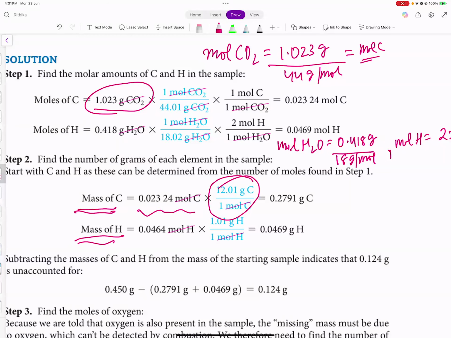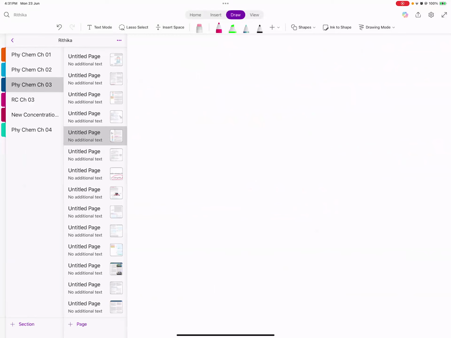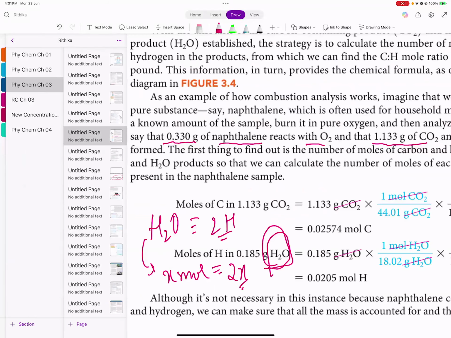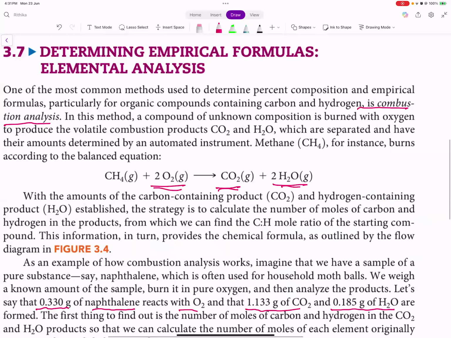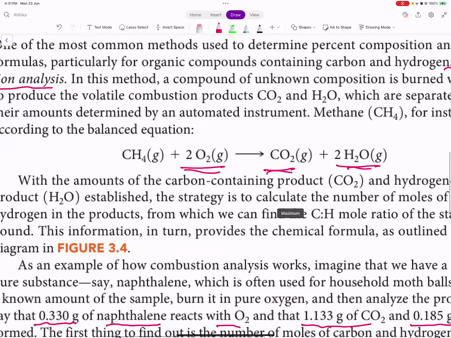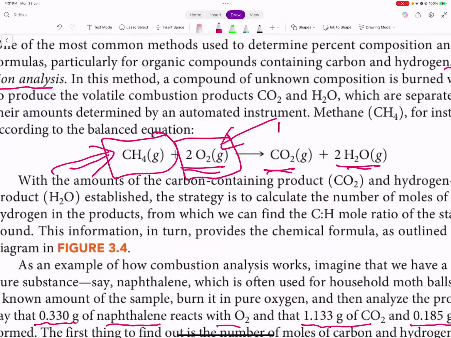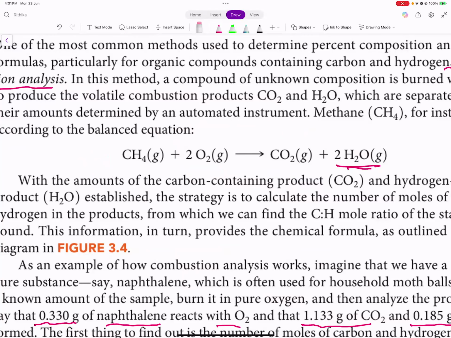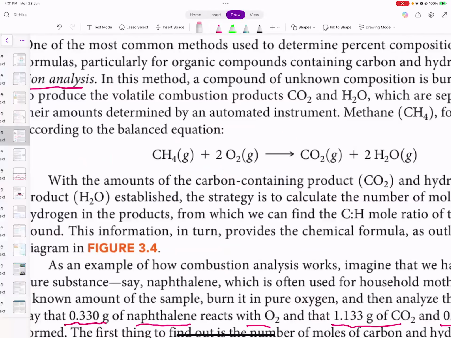What we do is burn the sample, and the sample may have oxygen or may not have oxygen, and we are providing this external oxygen. The substance may have oxygen or may not, and that we do not know.